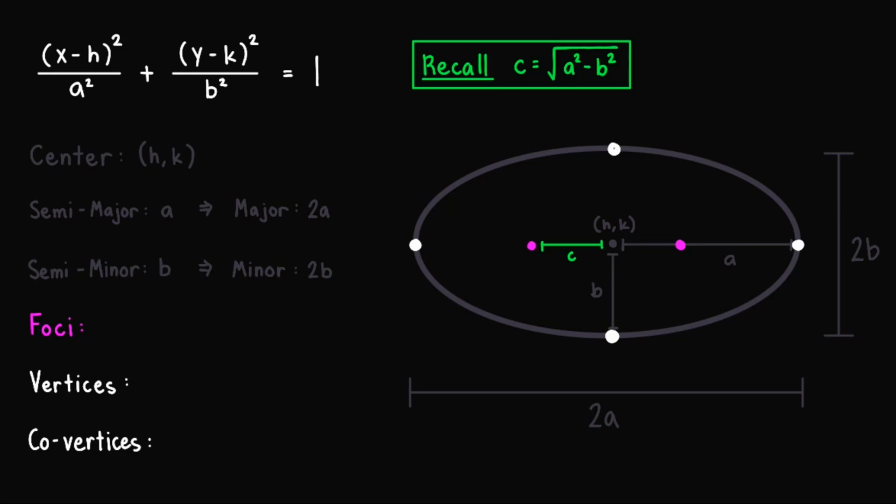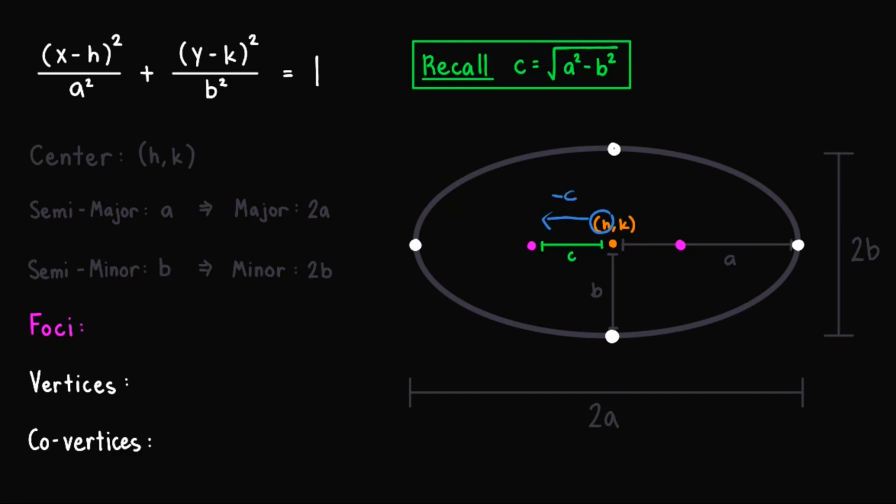We just take note that using the center, which we know is given here, h and k, to obtain this point out here, we just move to the left. That is, we adjust the x-coordinate out here. Moving it c units to the left, that is, we subtract c from h.